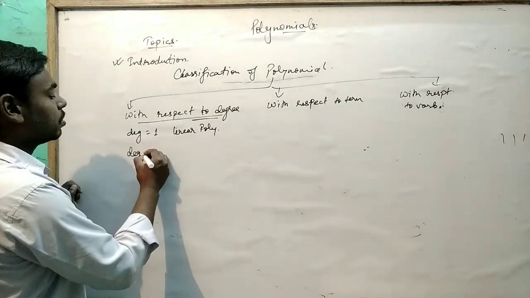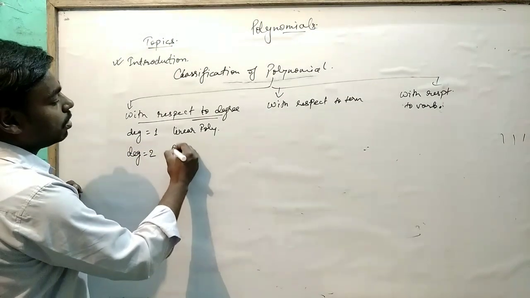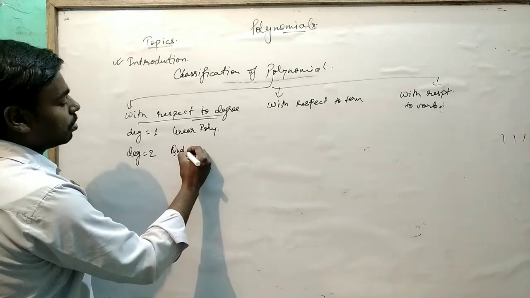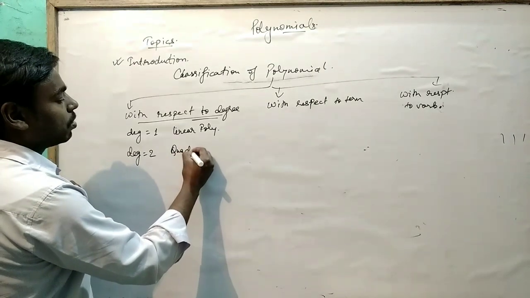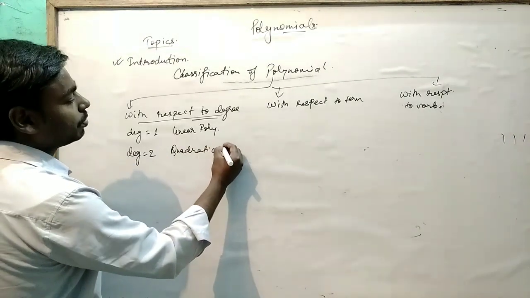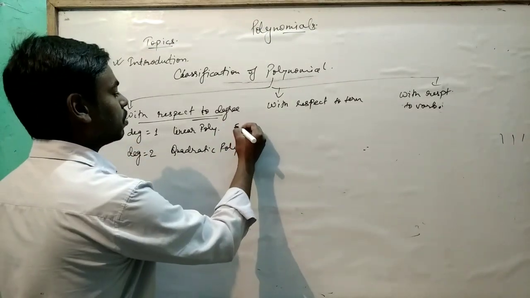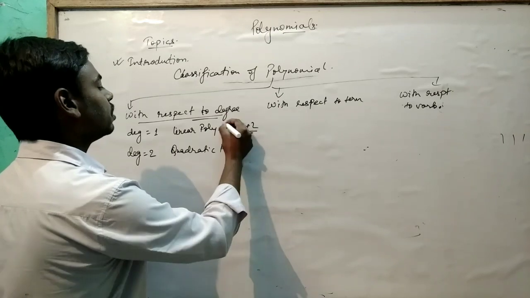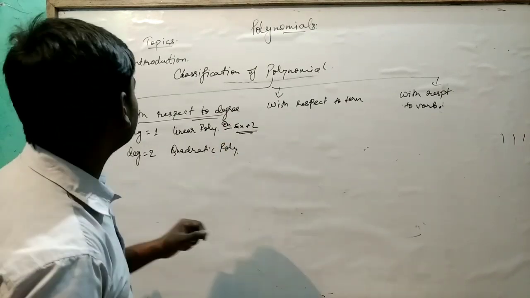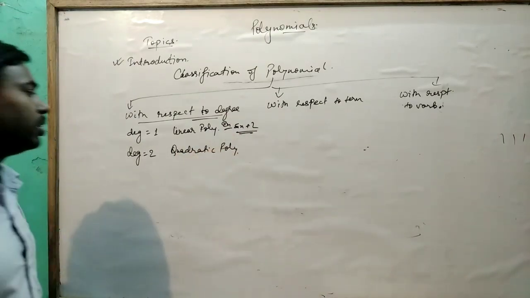Degree 2 is called quadratic polynomial. Example of linear: 5x plus 2.